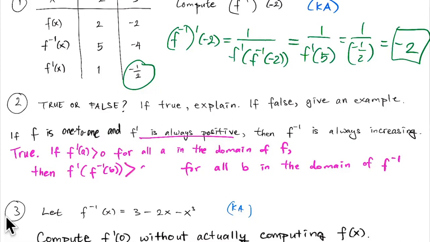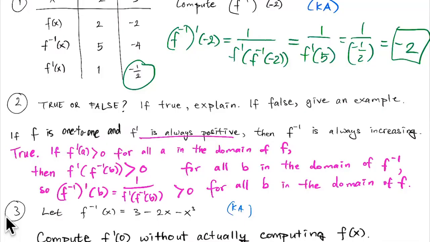So this is also positive. And so I can compute the derivative of f inverse using that formula. That is just 1 over this value. But that value is positive, and 1 over a positive number is positive. And because the derivative is always positive, f inverse is always increasing.